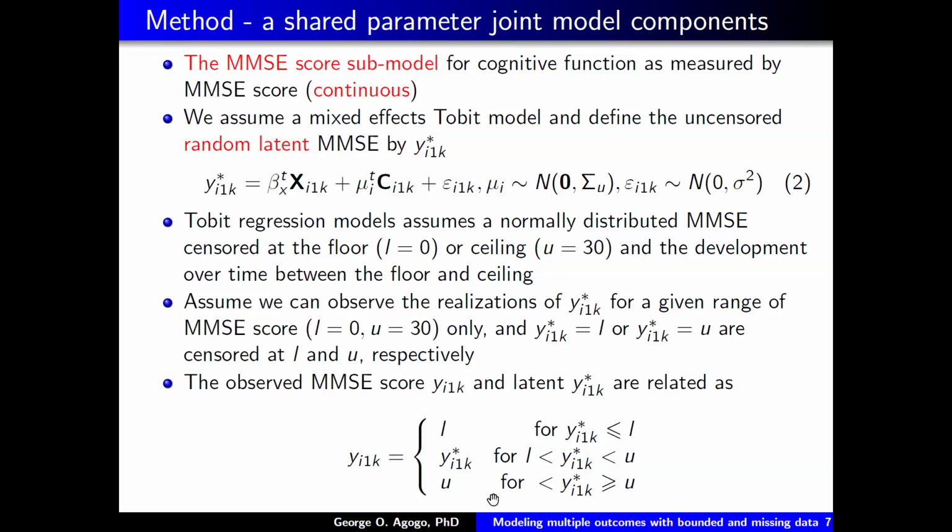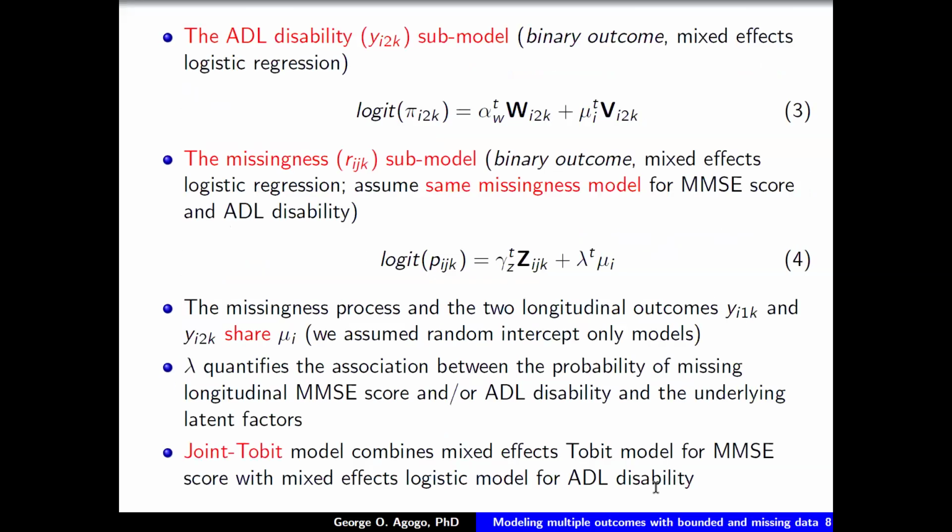Any value that is 30 and above, we trim back to 30. So whenever we see 30, it doesn't mean the true MMSE score is 30. We are only trimming it back given the artifact of the tool. That's one of the limitations of this tool.